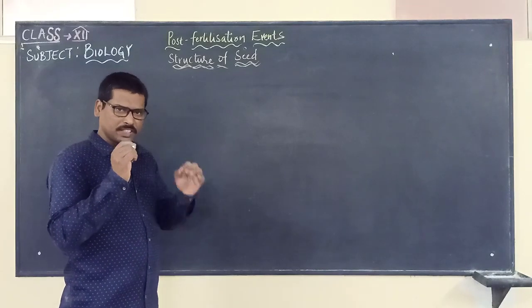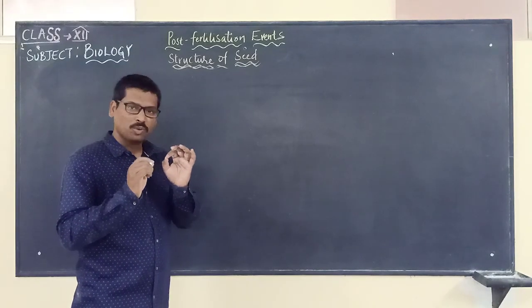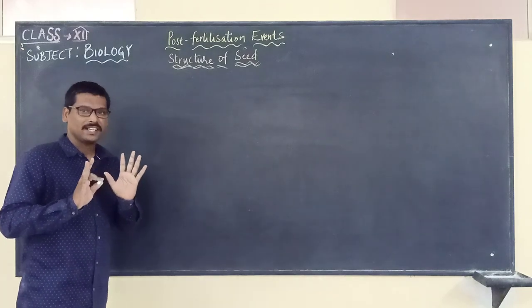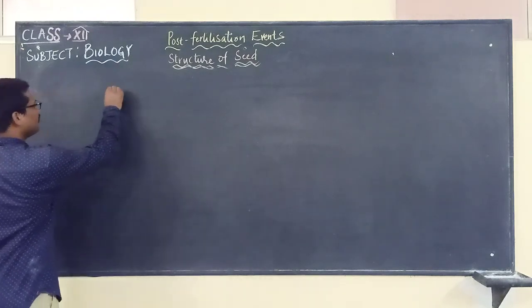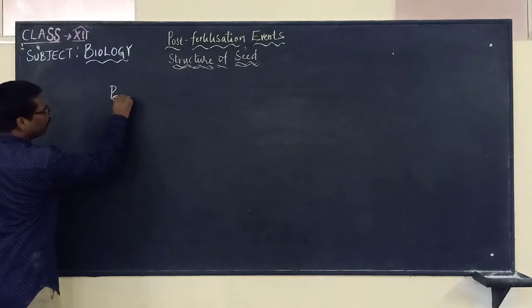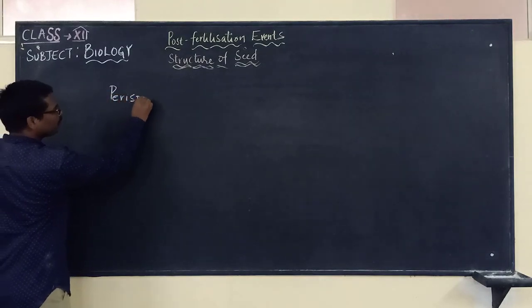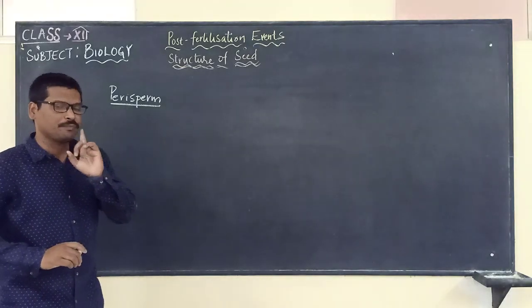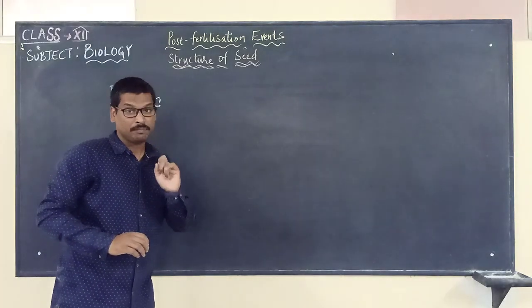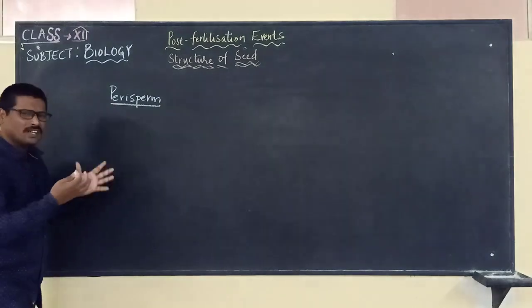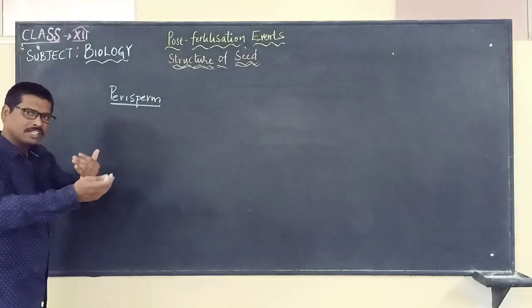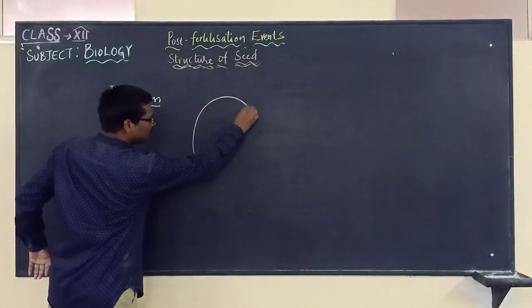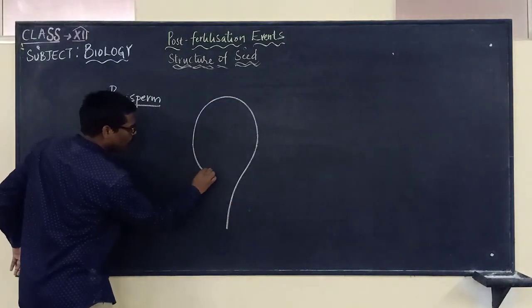So the next one, which is very important and you have to make note of, is the perisperm. When we talk about the perisperm, you should not get confused with the endosperm. See here, what is this perisperm? I am just going back to what we discussed previously. We studied the same diagram, the ovule.